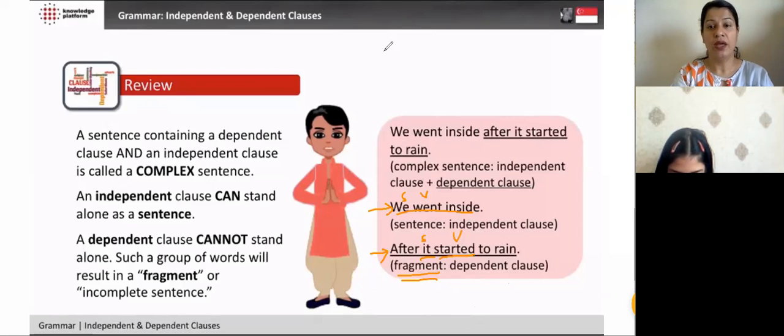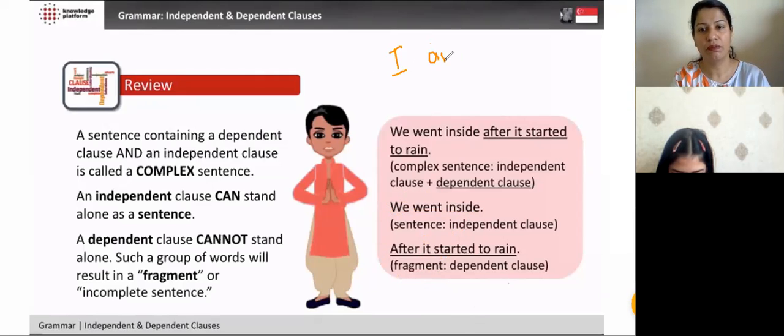ठीक है? Look at this example. I am. ठीक है? In this example, oh wait, we're running out of time. Okay.